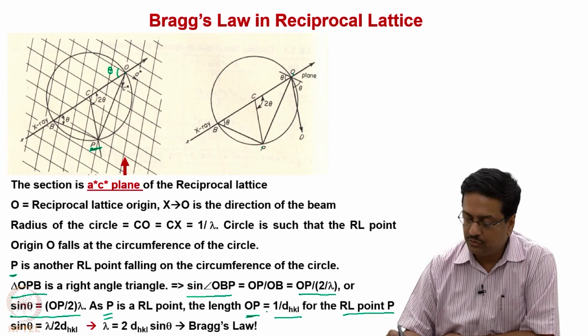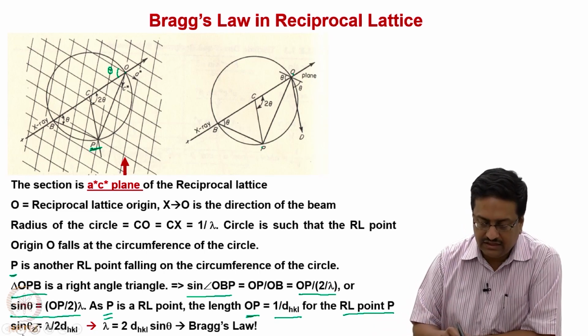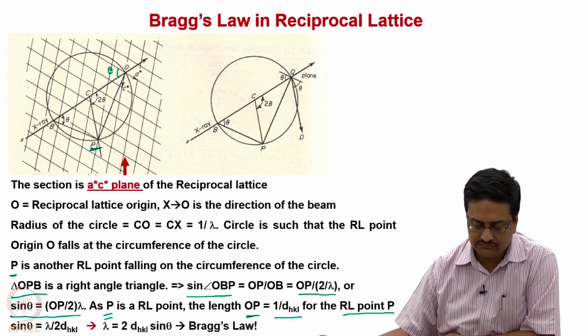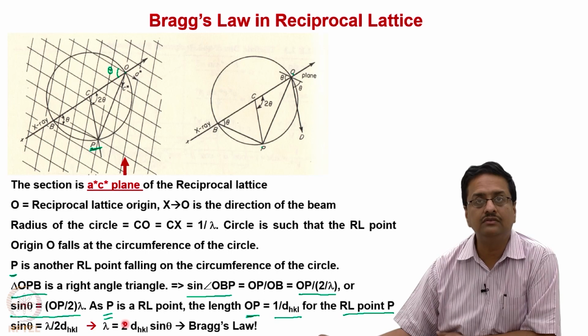So we replace OP equal to 1 by DHKL, and we write sine theta equal to lambda by 2 DHKL, or we can write lambda equal to 2 DHKL sine theta.